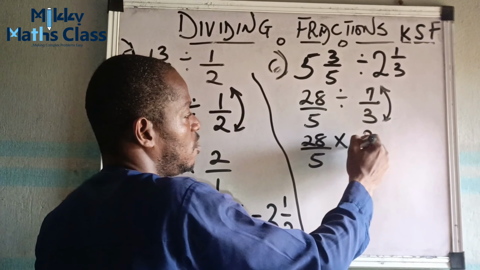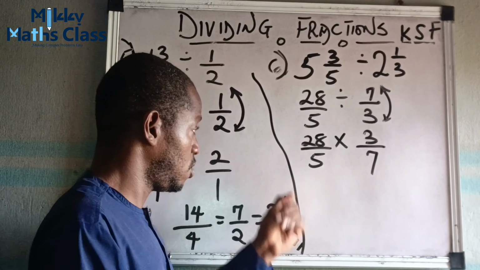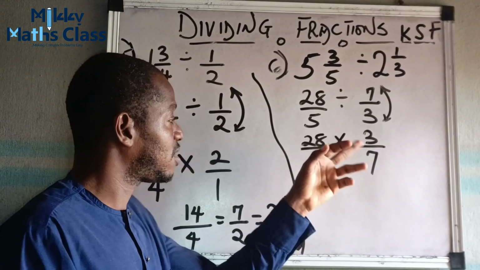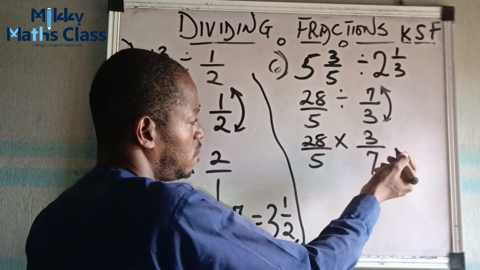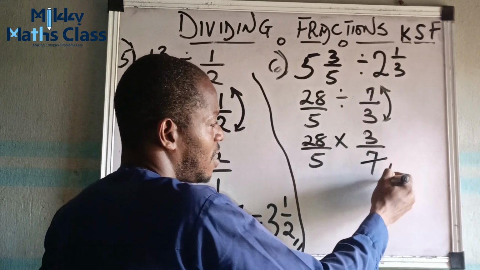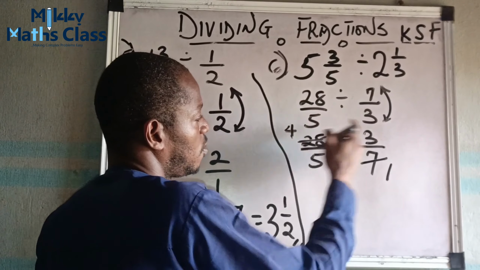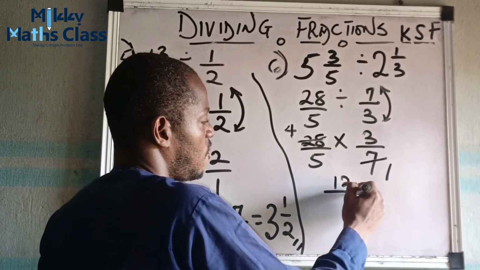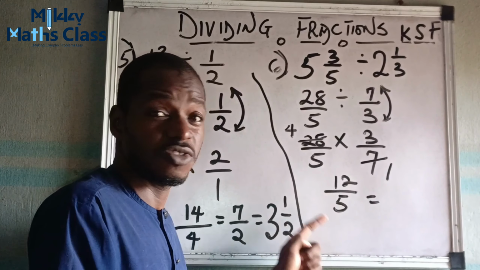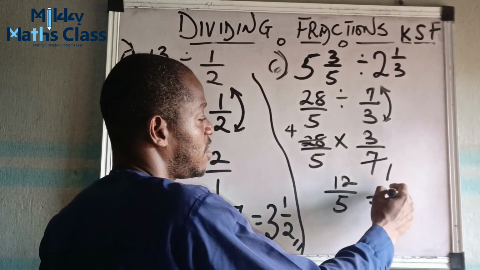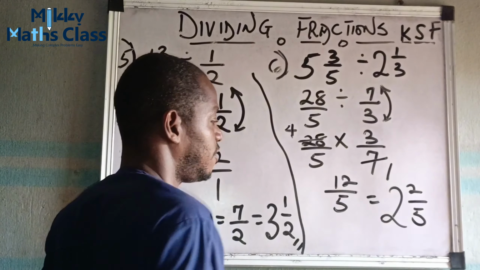So this is 3 over 7. We can use the cancellation method to simplify this, because 28 times 3 will give us large numbers. We divide 7 here, 1, 7 in 28, 4. So we are left with 4 times 3, that's 12, over 5 times 1, 5. We can put our answer as a mixed number. How many 5 do we see in 12? That's 2, remainder 2 over 5.